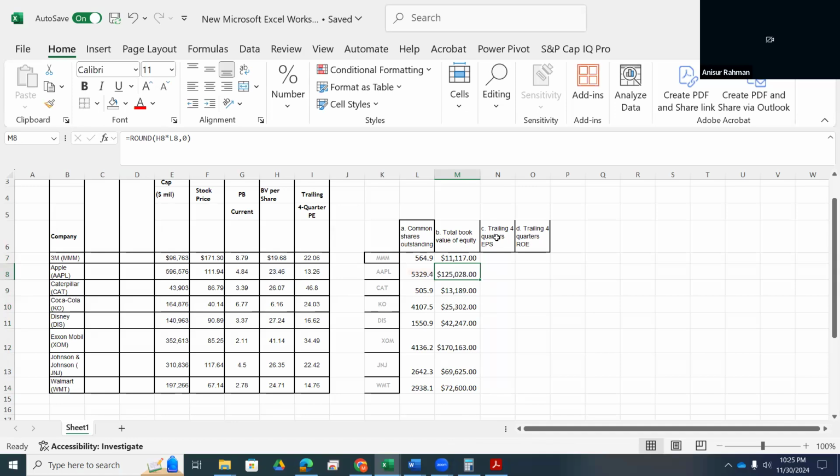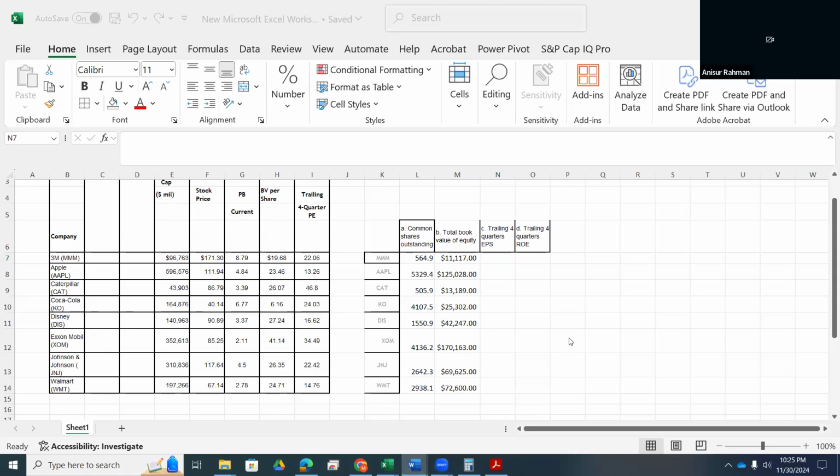Okay. So you see, if you double click on it, and then you will see the corresponding formulas cells are selected. Now, trailing 4 quarters EPS. So trailing means immediately preceding, right? So immediately preceding 4 quarters. So immediately preceding 12 month EPS. So we have trailing 4 quarter PE. And what is PE? Price per share divided by earnings per share.